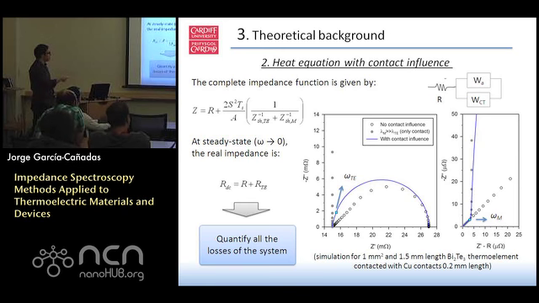And this is the response when I have my thermoelectric element as an insulator. If we combine both in parallel and connect it to a resistance, we have the whole system response, which is the blue line. Now we have a semicircle, and if we zoom in at high frequency, we have this Warburg-like trend.